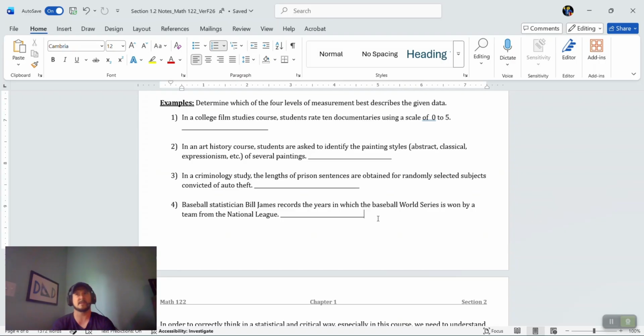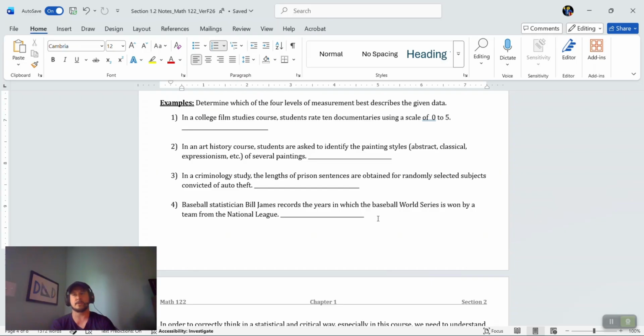So you could say that it's been, I don't know, 50 years since the Lions have won a Super Bowl. But there's no natural zero that would actually make sense in the context. Year zero doesn't make a whole lot of sense.